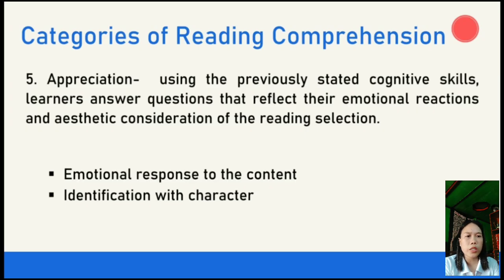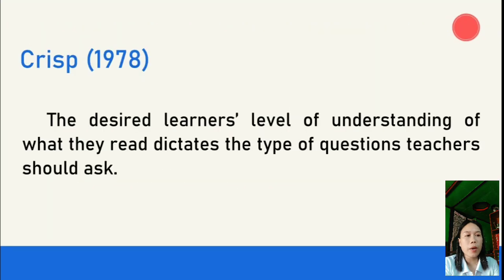For an emotional response to the content, questions like, which part of the story do you like the most, will be asked. While in identification with characters, the question could be, who are you in the story? The tortoise or the monkey? Then, why?